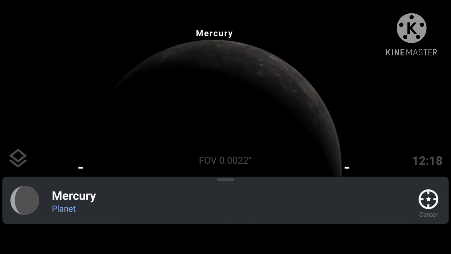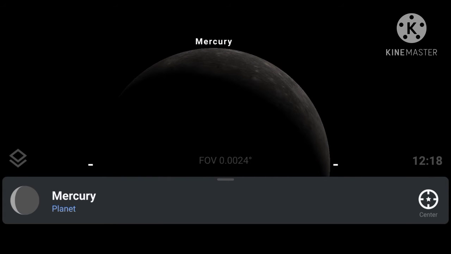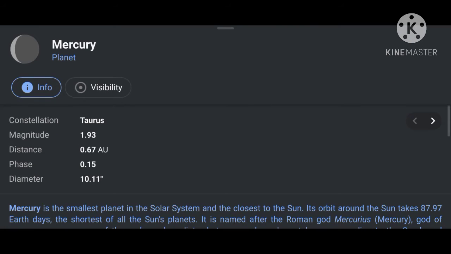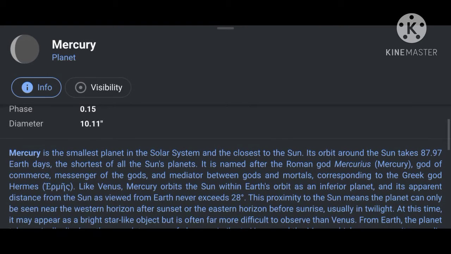As you can see, the surface of Mercury resembles our natural satellite, the moon. In this case, we can swipe this up and look for the essential information about this planet.